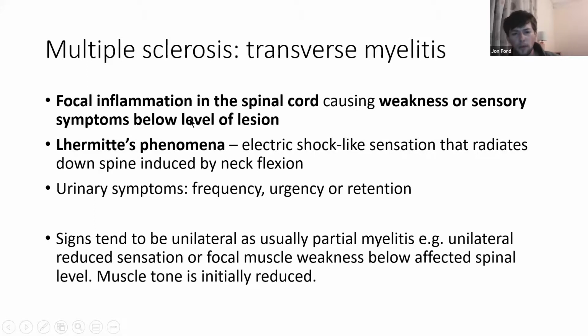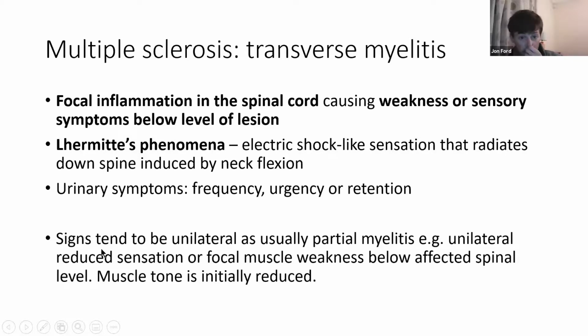Transverse myelitis is another common way that MS might be presented. So you've got this focal inflammation in the spinal cord causing weakness or sensory symptoms below the level of the lesion. You might have heard of Lhermitte's phenomenon, which is this electric shock-like sensation that goes down the spine, and it comes on with neck flexion. I think that's a past medicine one that comes up sometimes. It's very common in MS to have urinary symptoms, so your classic frequency, urgency, retention.